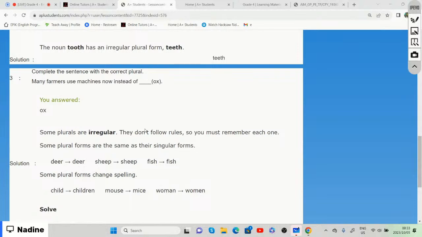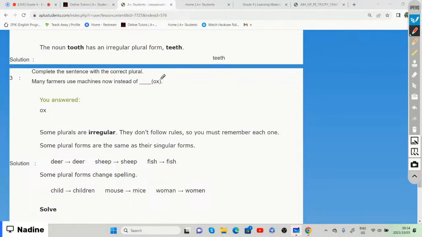And if we find, or if we basically write down or identify the plural form of ox, yes, and then we say it is oxen. So well done. Yes, it is oxen, right?